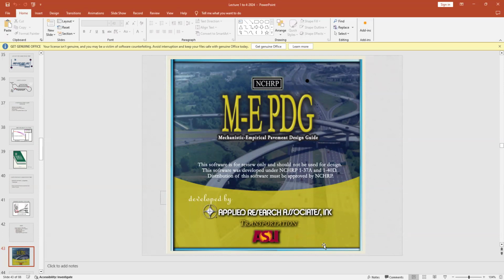They will automatically incorporate these in the material properties. But the problem is this MEPDG is not for Karachi, and unfortunately we don't have enough data of our own for this design.